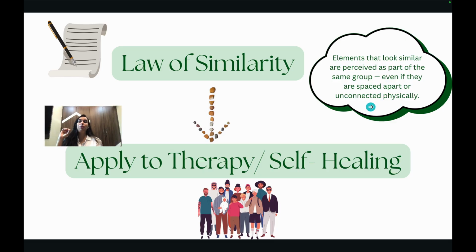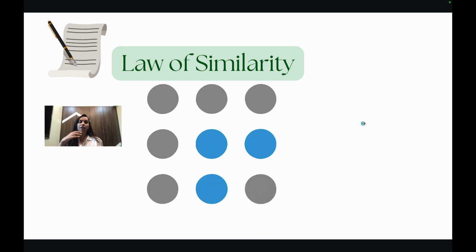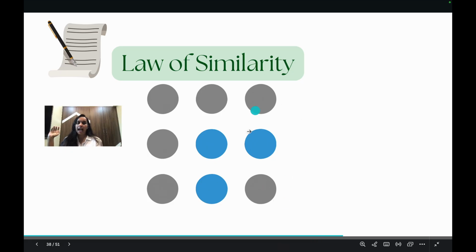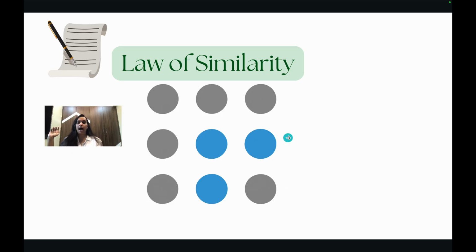For example, if you see an Indian in America, you would still feel connected to them because you find that similarity of belongingness. Now let's understand even further. If you see these gray dots and these blue dots, automatically your mind has divided them: all the gray dots are together and all the blue dots are together.